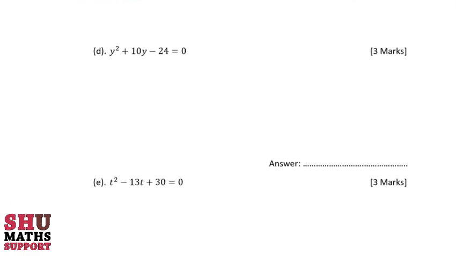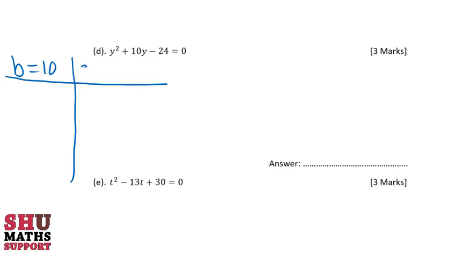So we've got y squared plus 10y minus 24 equals 0. So we'll set up the table again. B is equal to 10. And then a times c is equal to 1 times minus 24, which equals minus 24.